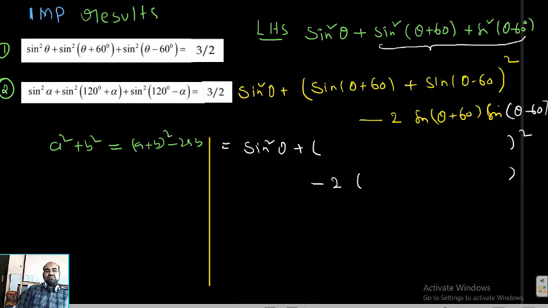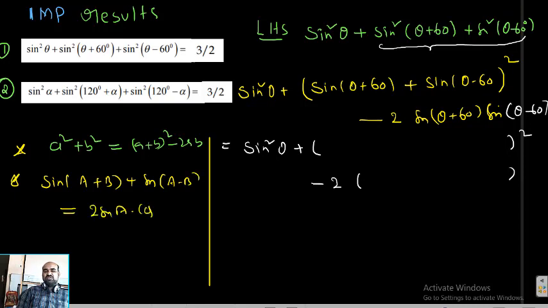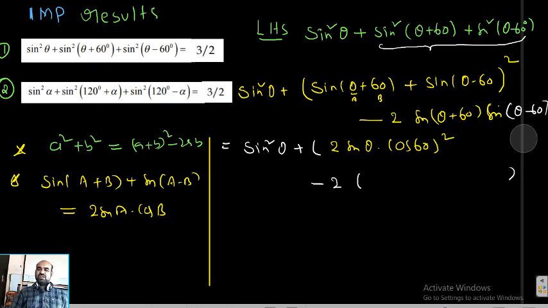I will write the formulae. Sin of a plus b plus sin of a minus b equals 2 sin a cos b. Here a means theta, b means 60, so I can say 2 sin theta into cos 60 whole square, completed.